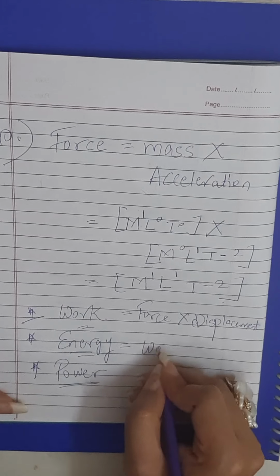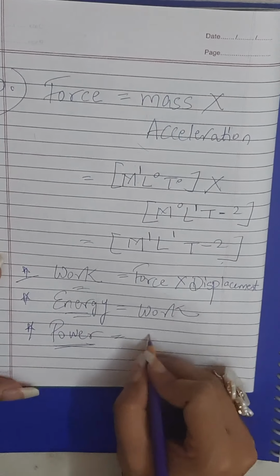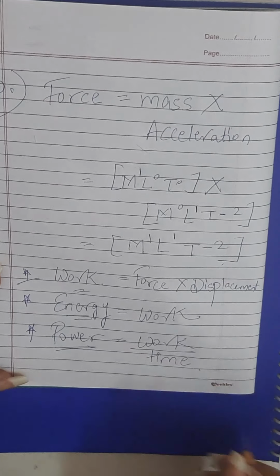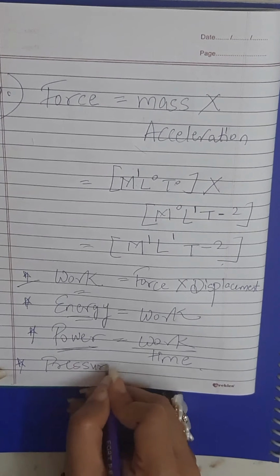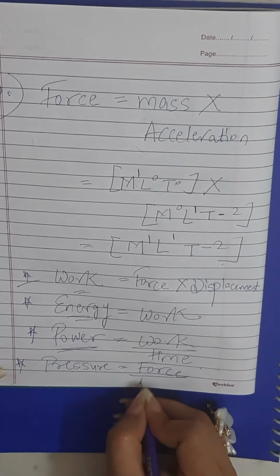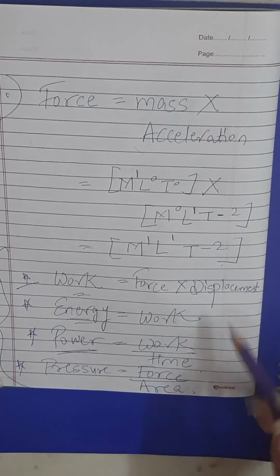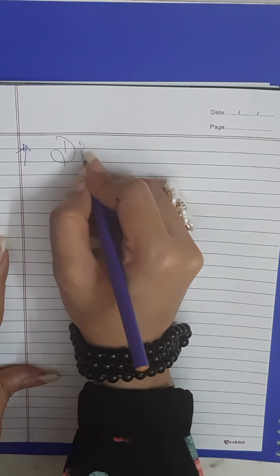Energy is equal to work done, and power is rate of doing work, that means work by time. And you can try for one more, which is pressure. Pressure is thrust or force acting per unit area. You have to design the dimensional formulas for these 4 physical quantities, and then in the end I wish to tell you why we are studying this.